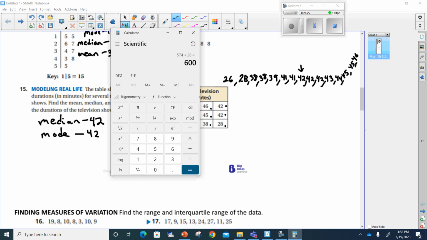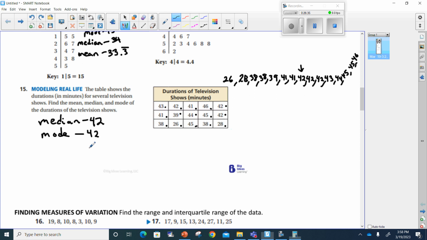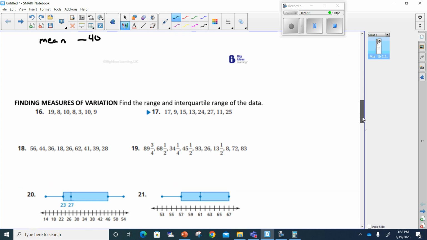That gives us 600. And remember, we're dividing this by 15 because there's 15 numbers. That's 40. So the mean is 40. All right, let's move on.